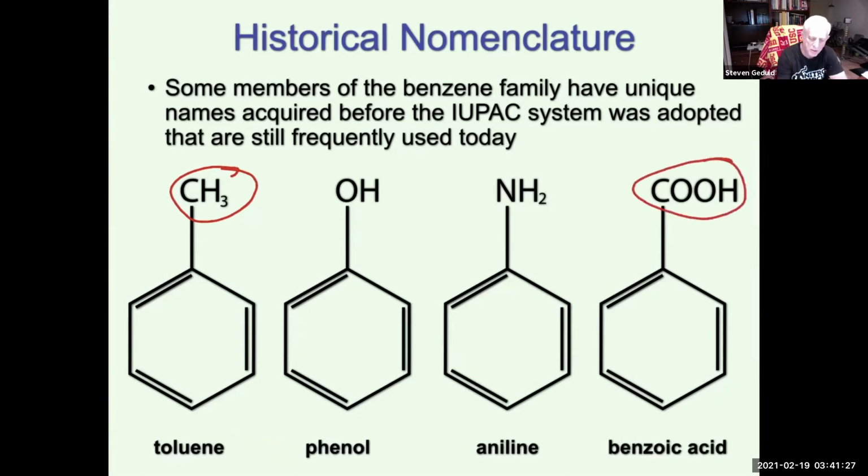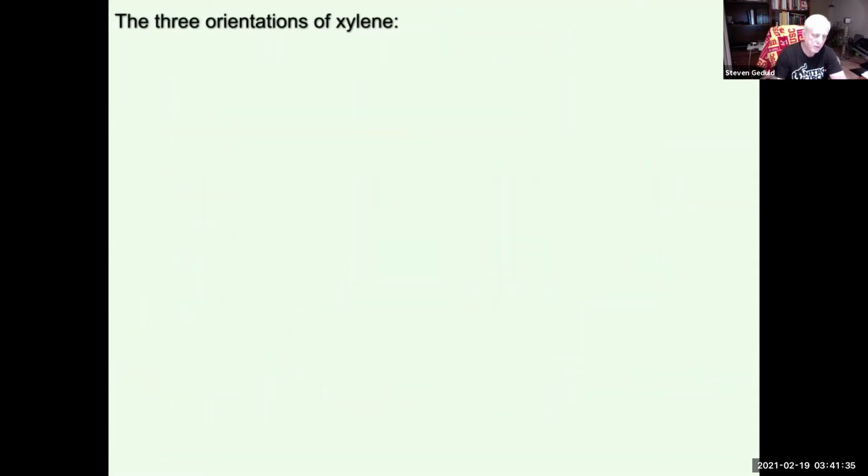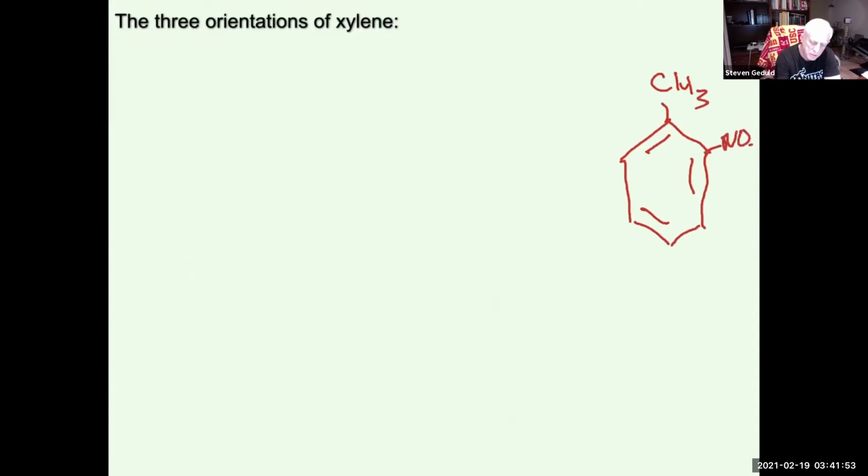We haven't studied the carboxylic acid group yet. But toluene you should recognize. Let's go back to toluene just a second. Toluene is the benzene ring with the methyl group on top. Now, toluene should sound familiar because I put on 3 nitro groups.